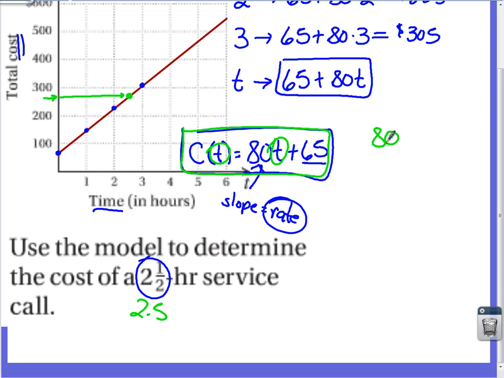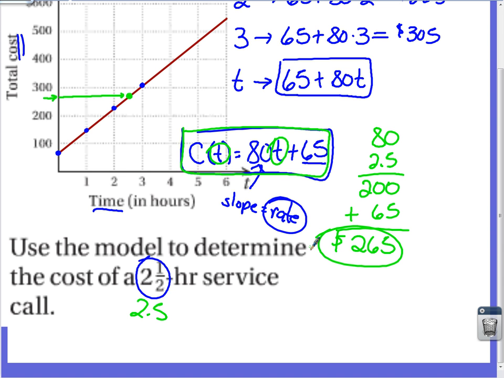So we multiply 80 times 2.5 on our calculator and we get 200. Plus we have a $65 service fee, which gives us a total of $265 as the cost of this 2.5 hour service trip, which is where we see it is on our graph. But again, it's hard to get an accurate answer when you're simply using a graph.